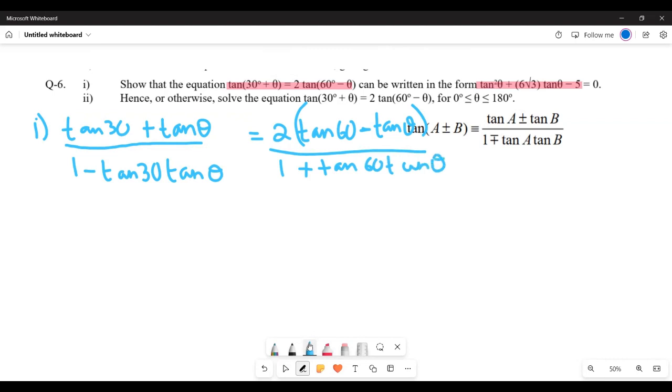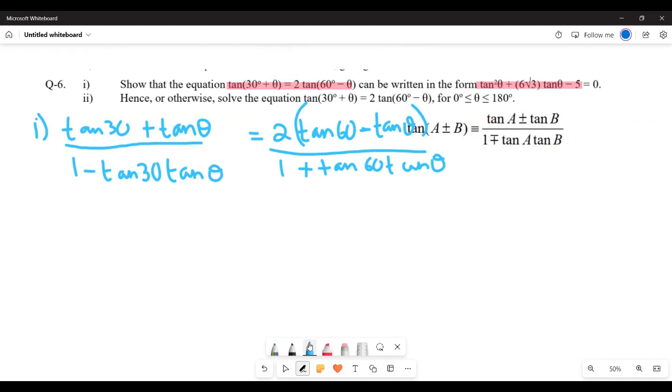Now, what is tan 30 and tan 60? Tan 30 is 1 by under root 3. Let me check. No, it's under root 3 by 3.